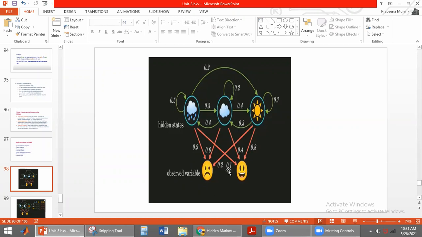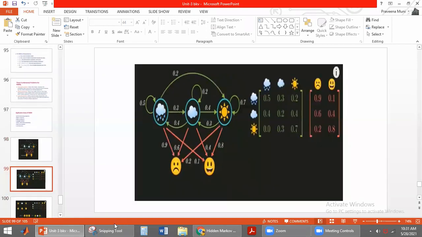Based on these probabilities, we find out the weather outside. These are the hidden states. We don't know the weather of that person; we just know the mood of that person. Based on the mood, we find the probability. So this is the figure. All of you see this slide.